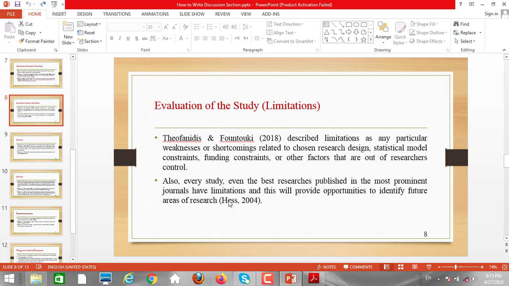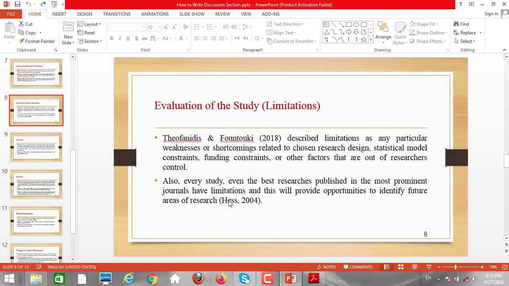One thing to keep in mind is that most researchers are afraid of stating their limitations, thinking this will cause the rejection of their paper from publication. No, it's not the case. In fact, this is one of the positive points for researchers, to explain the limitations of their research.